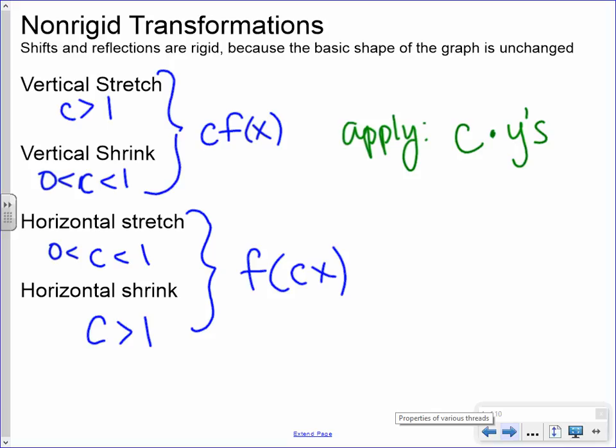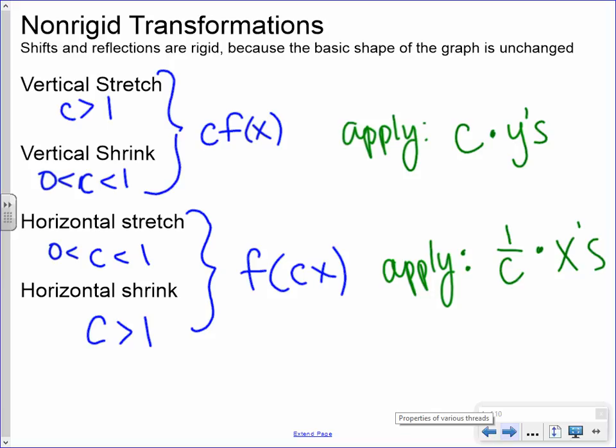Now, do you remember how everything was backwards when we applied it for our left and right shifts? Same thing's going to be true for your horizontal stretches and shrinks. To apply a horizontal stretch or shrink, we're going to take 1 over C times the X values.